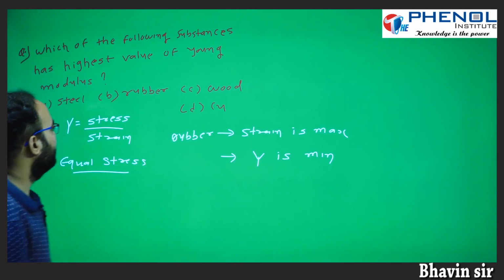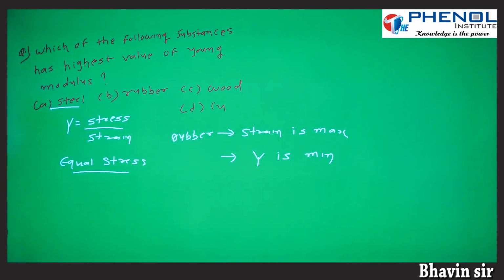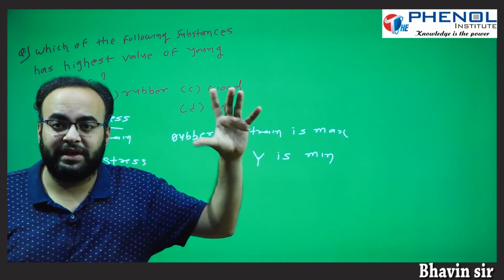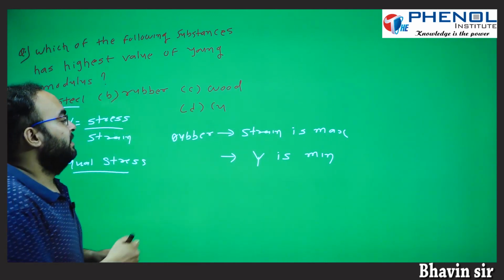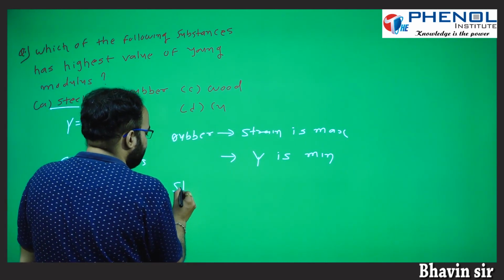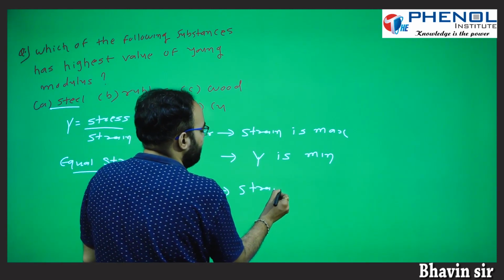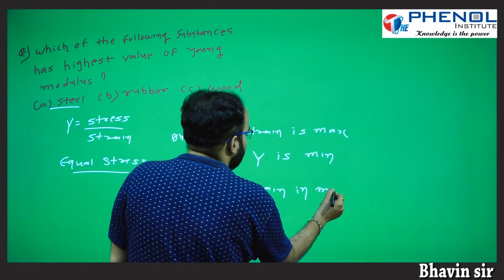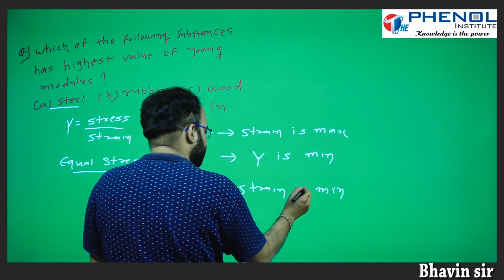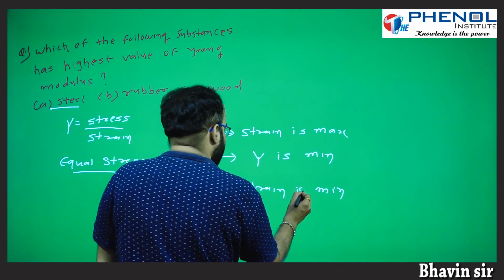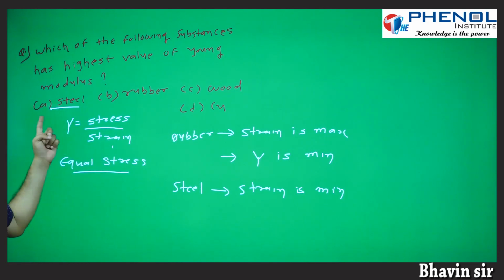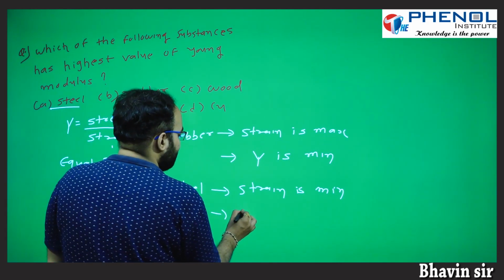But in the case of steel wire, students, in the case of steel, strain is minimum. So if strain is minimum, Young modulus is maximum.